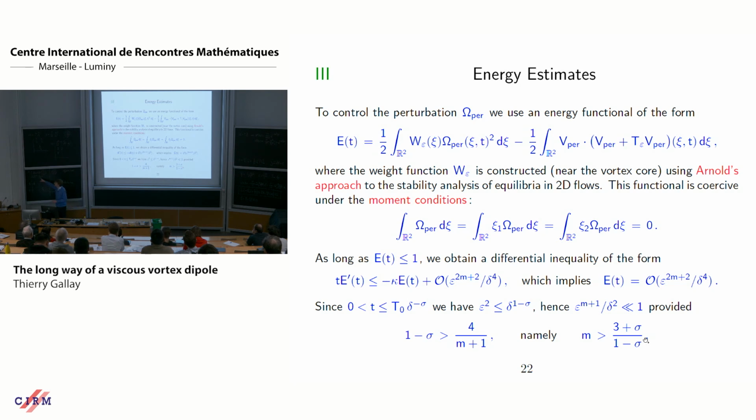So if I want sigma to be 0.9 here, I need to construct 40 orders in my approximation. But we can do this to any order, so this works. We can take any sigma here, even close to 1, by constructing a sufficiently accurate approximate solution.